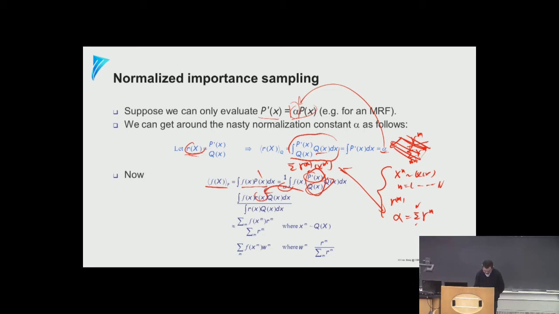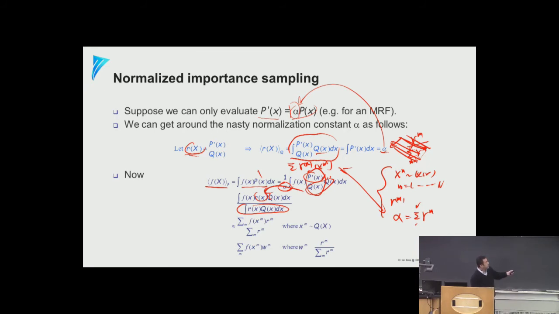And then that also gives you this alpha, which is in the denominator, and the Q, where you draw samples from. Okay?